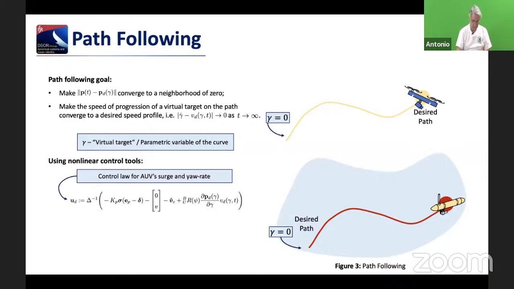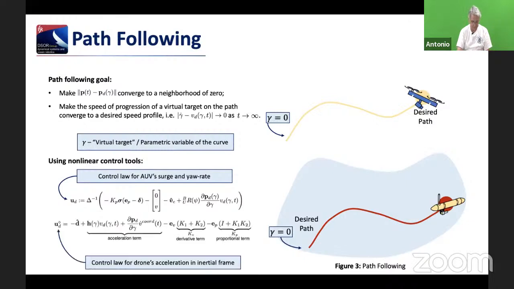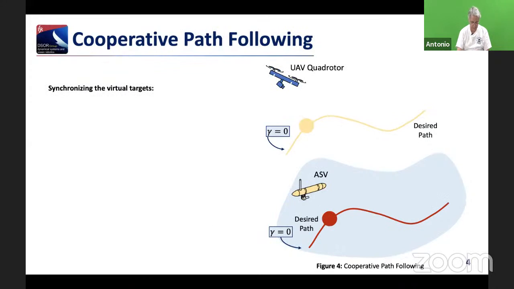There are control laws that I will get into at a later stage. My idea is to give you the main concepts that are involved, and then we'll get into this. So don't get distracted by the paraphernalia of equations. And then you have to synchronize the virtual targets, but here we fall in the realm of cooperative motion control.